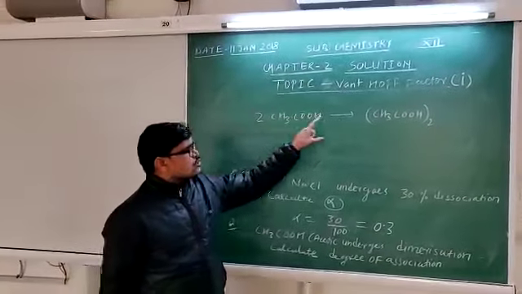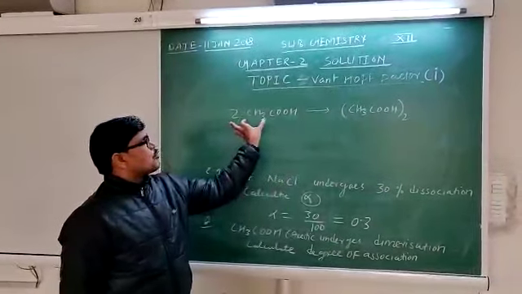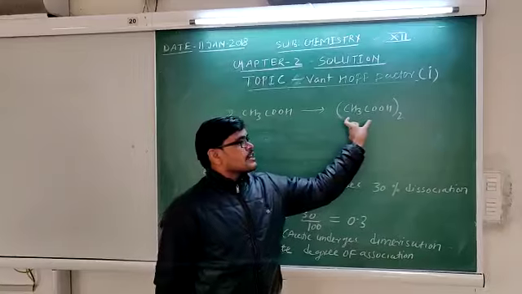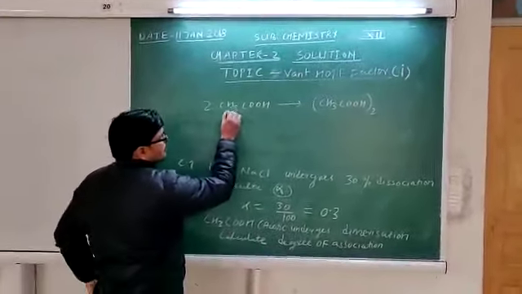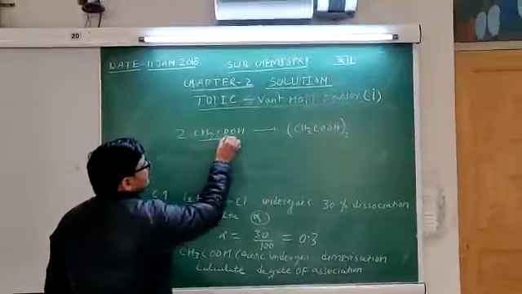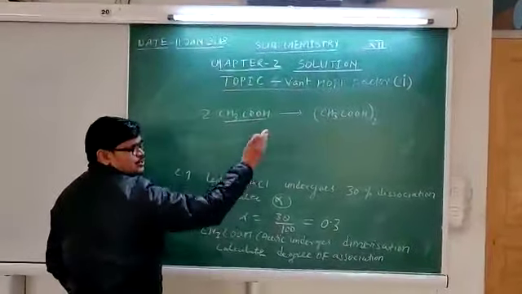Acetic acid undergoes dimerization. It means two molecules of acetic acid get associated to form a single molecule. So before association, the number of particles is 2, and after association it is 1.